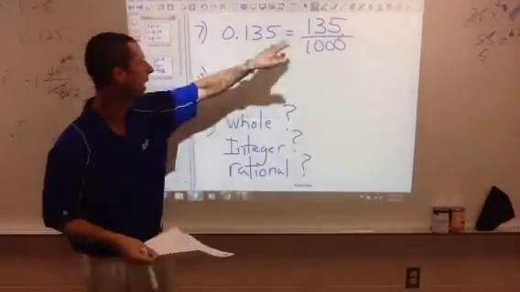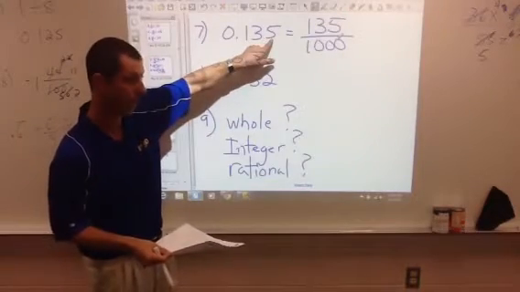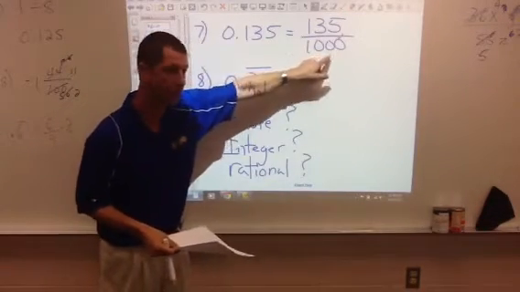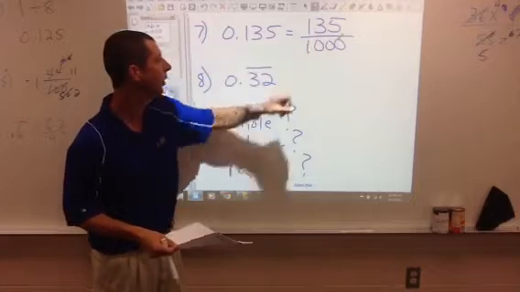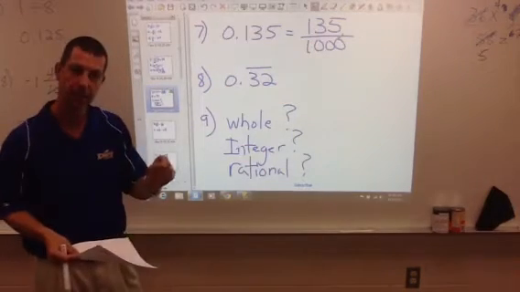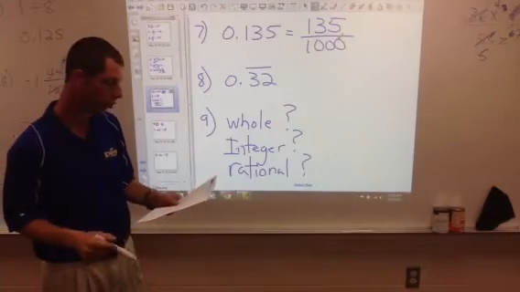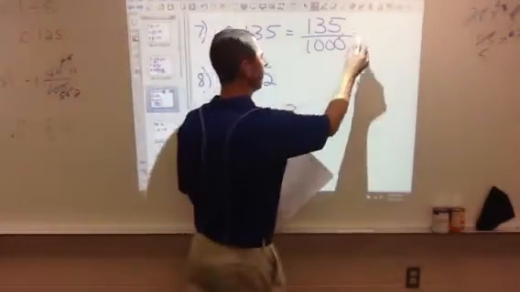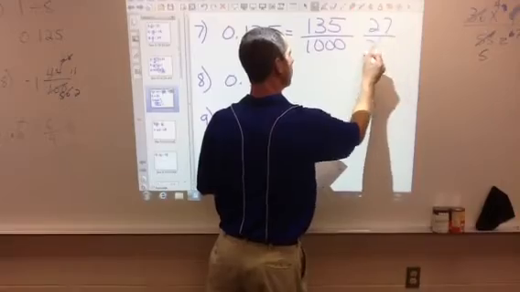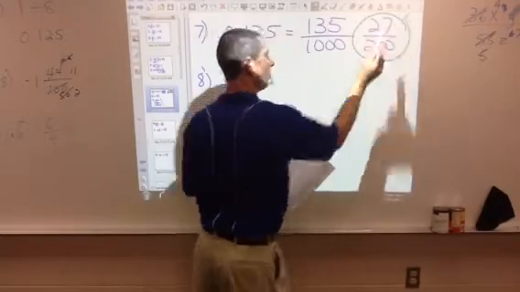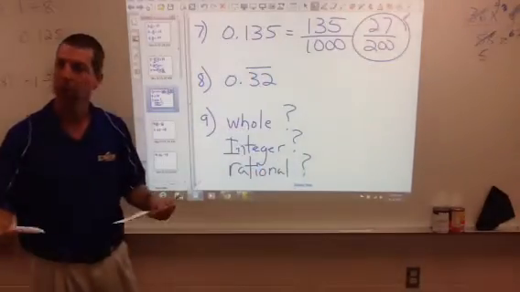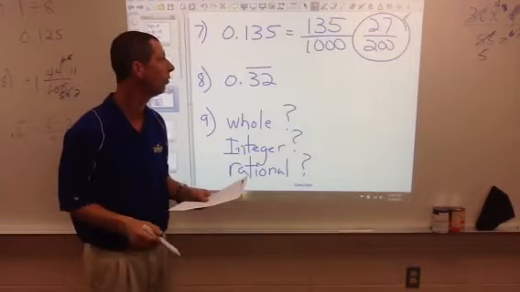Okay, 135 thousandths, because 3 digits past the decimal, 3 zeros and 1,000. Now if you type it in, 135, and hit your ABC key or your fraction key on your calculator, then 1,000, okay, you should end up with 27 over 200, and that's in lowest terms. Okay, let the calculator get it in lowest terms for you.